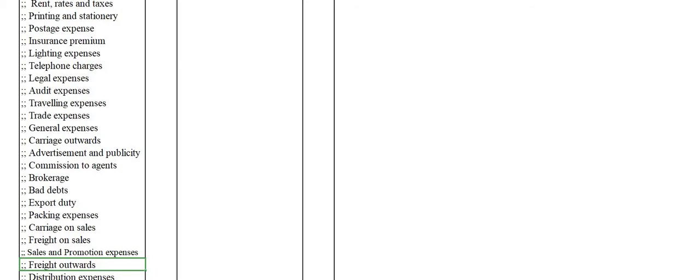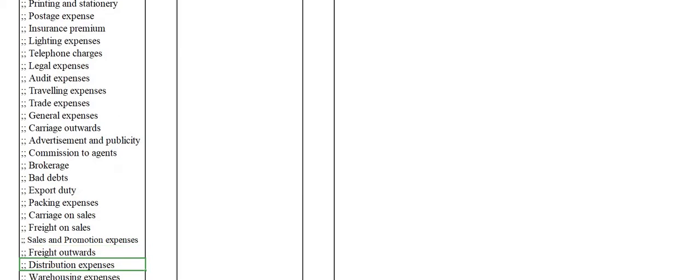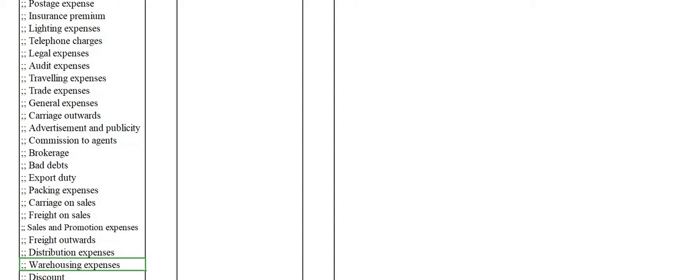We have discussed freight and all in the last class itself. Then sales promotion expenses, or if given freight outwards, we will write it in the profit and loss account. Freight inwards will be shown in the trading account. If you want to see what freight is, you can refer to the previous video on trading account.